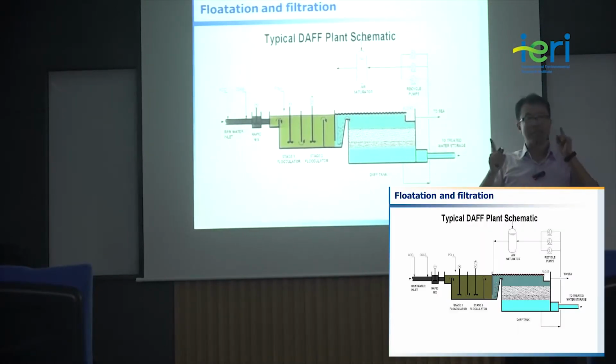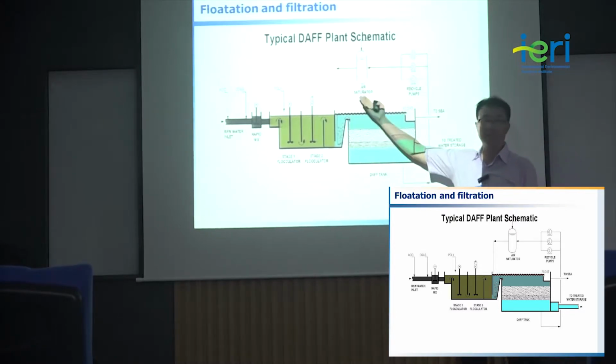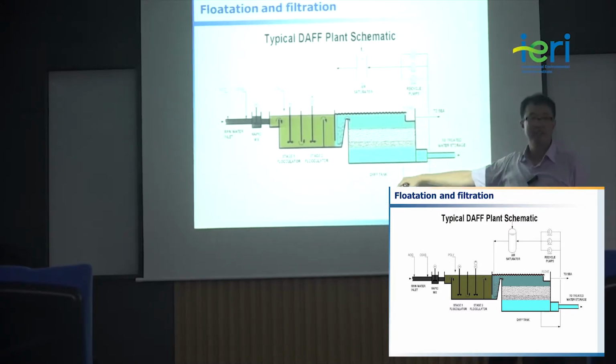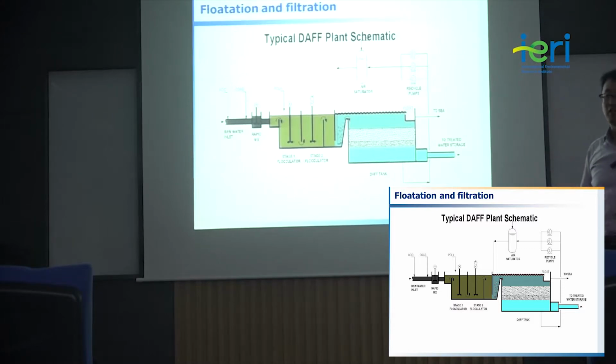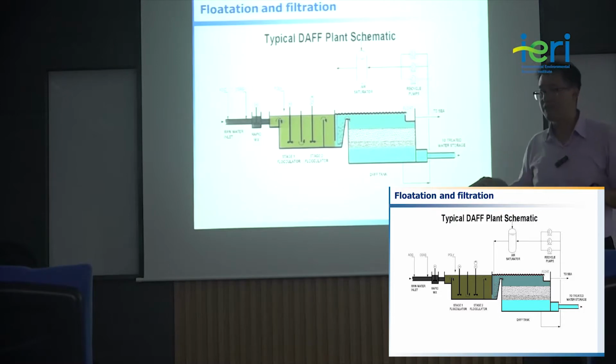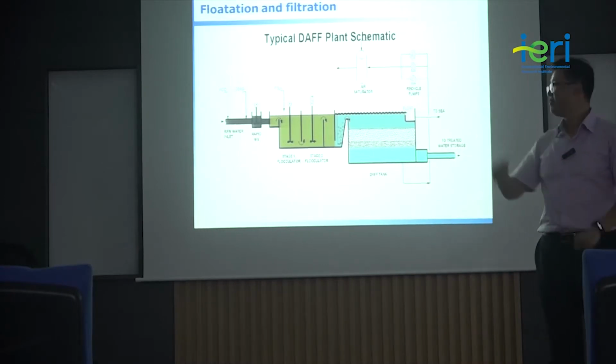So kind of a second barrier. First is floating, second is filtering. So this system may be better compared to just filtration. So it can be comparable to the sedimentation and filtration. Sedimentation is comparable to the flotation.